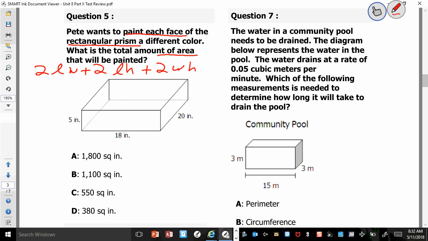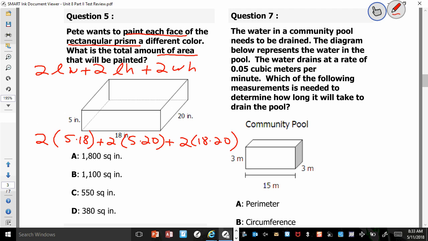Okay. So really you just got 3 numbers and you just doubled it, right? Doesn't matter which one, so you can do 2 times 5 times 18 plus 2 times 5 times 20 plus 2 times 18 times 20. Doesn't really matter which one you label length, width, and height, just as long as you use the 3 numbers.